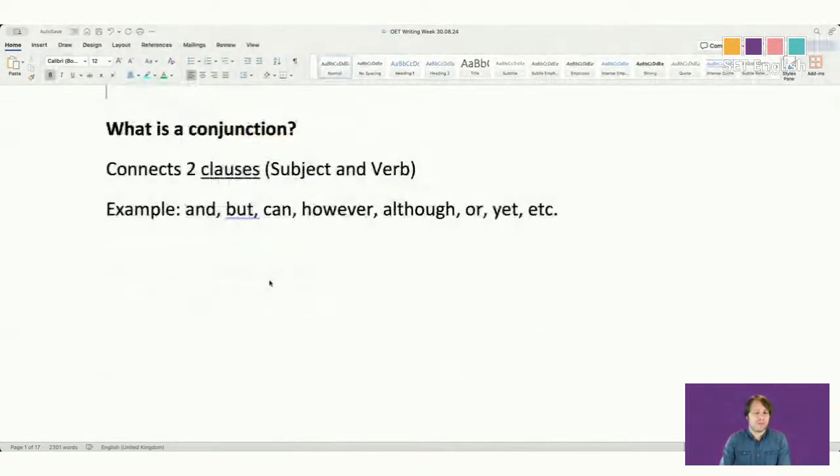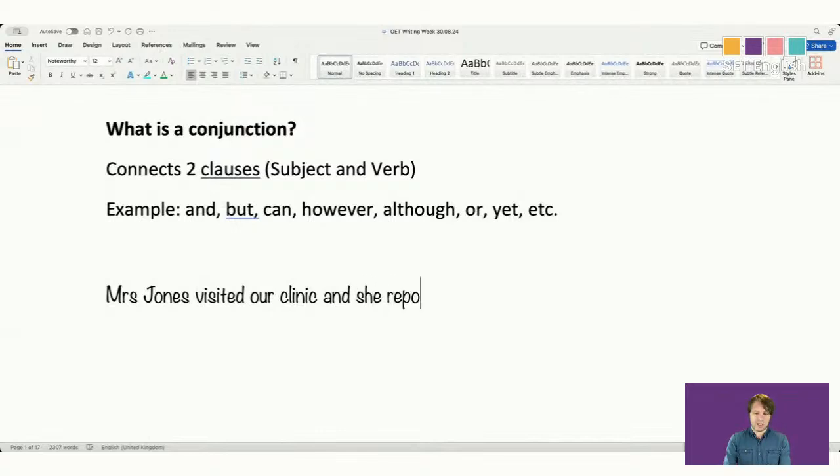So, for example, I can say, Mrs. Jones visited our clinic, and she reported that she has a headache. I'm just going to put here dot, dot, dot.